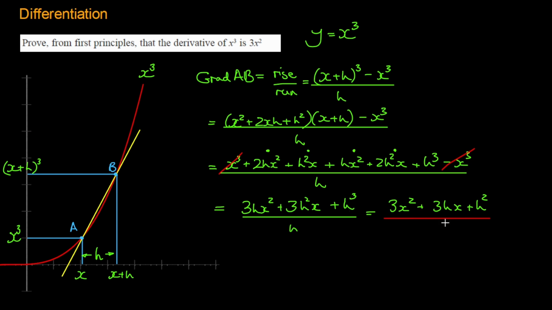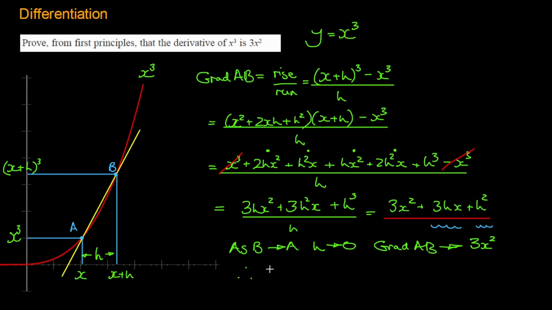Now what happens to the gradient? Well, if h starts tending towards 0, this term here and this term here will also tend towards 0. So if we write that down, as B is pushed towards A, h tends to 0, and the gradient of AB tends towards 3x squared.